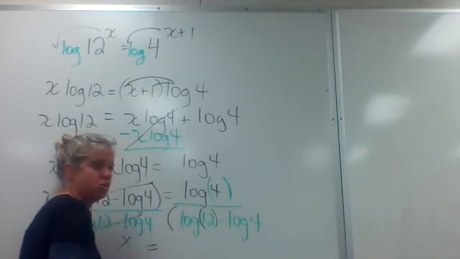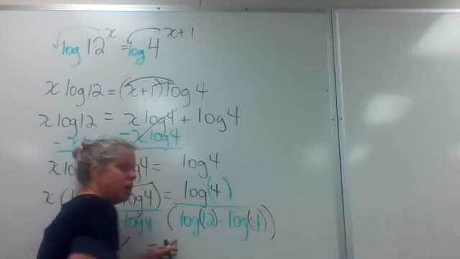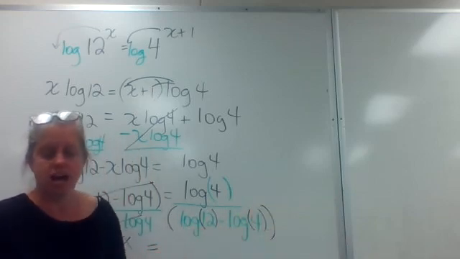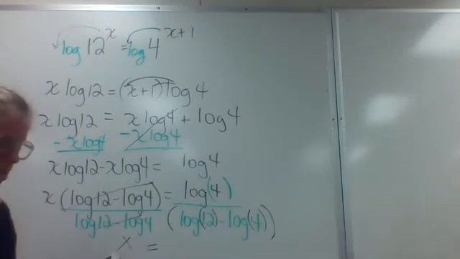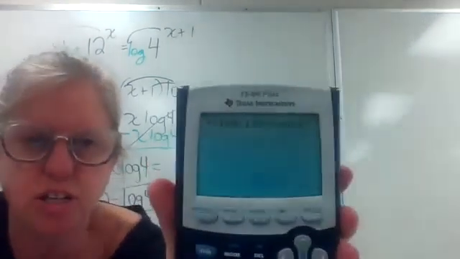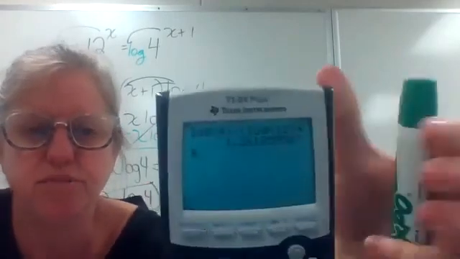So you'll have open and close around the 12, then open and close around the 4, and close again to close out that last part of the denominator. So you've got log 4, close, divided by, open, log 12, close, minus log 4, and then after the 4, you'll need to close and close again and round it to 4.